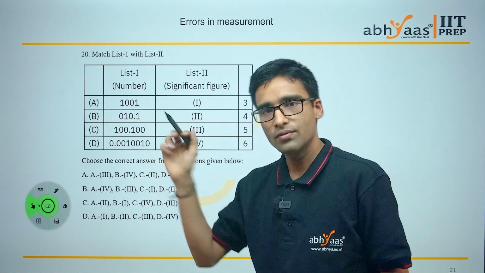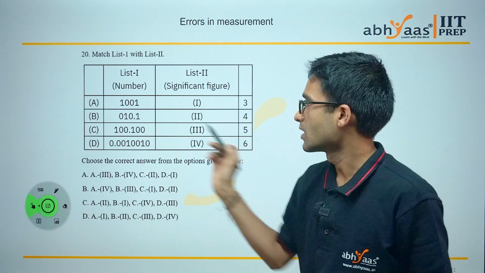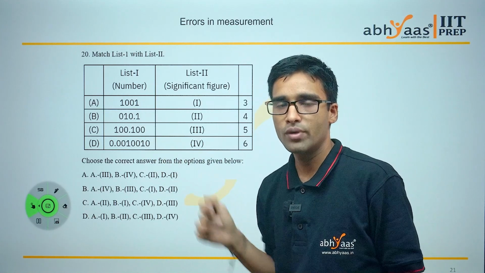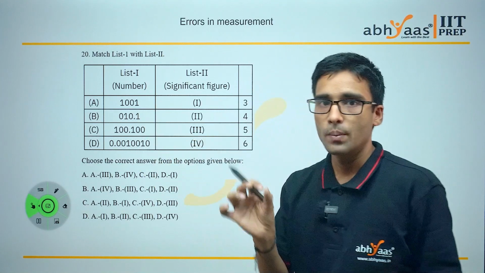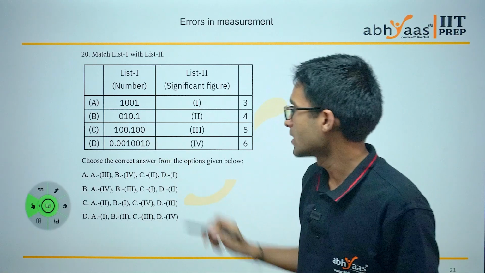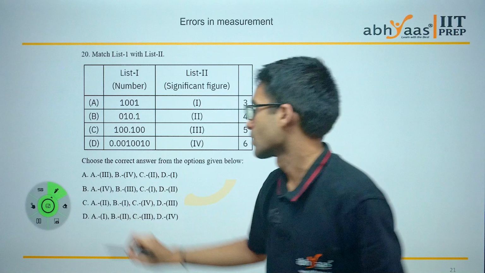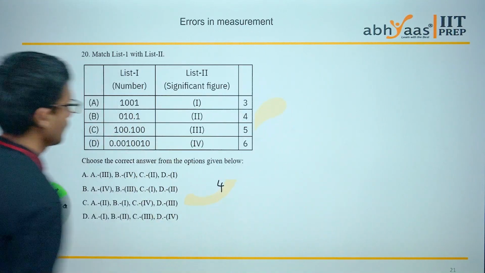If you remove one value, for example the zeros, 1001 becomes 101, which is different. So trapped zeros between two digits are important. That means 1001 has 4 significant figures.